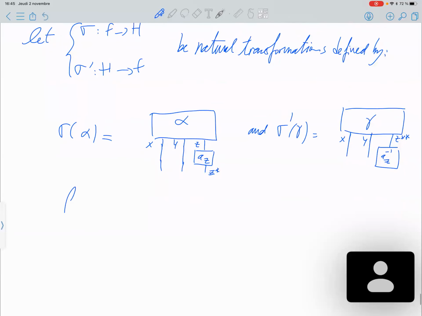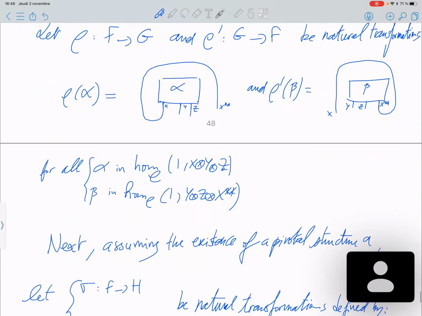And again, for all alpha in the same home space as before, but gamma will be in the third one in the above list. So you will have gamma here.